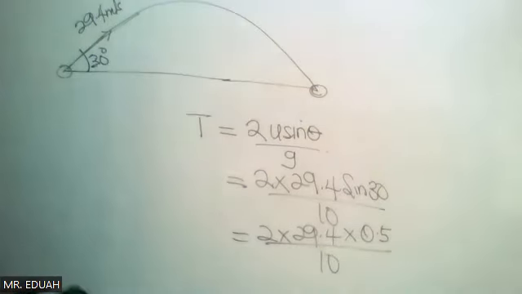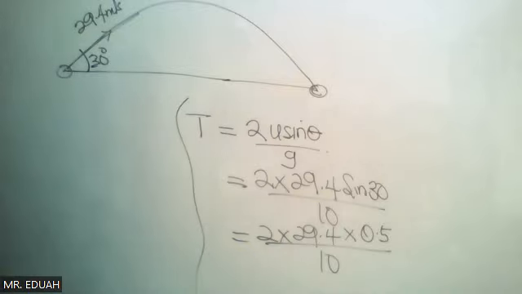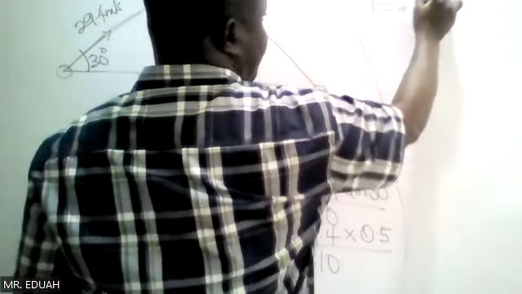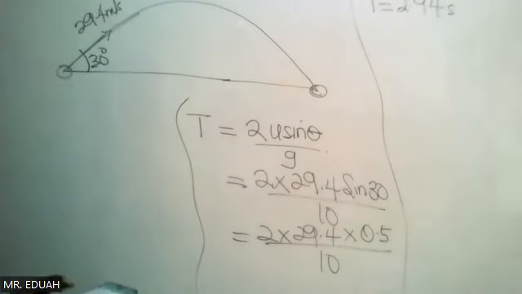The rest is calculation. So what did we get for the time of flight? 2.94 seconds. Okay, so T is equal to 2.94 seconds.